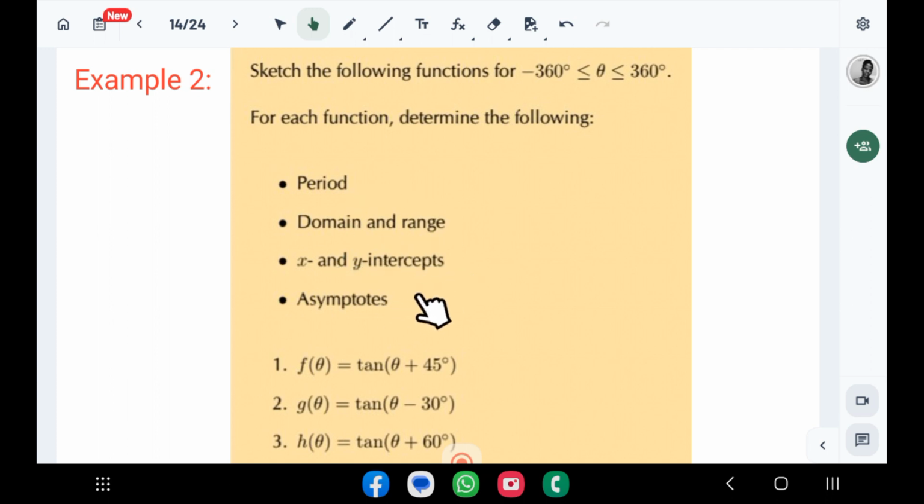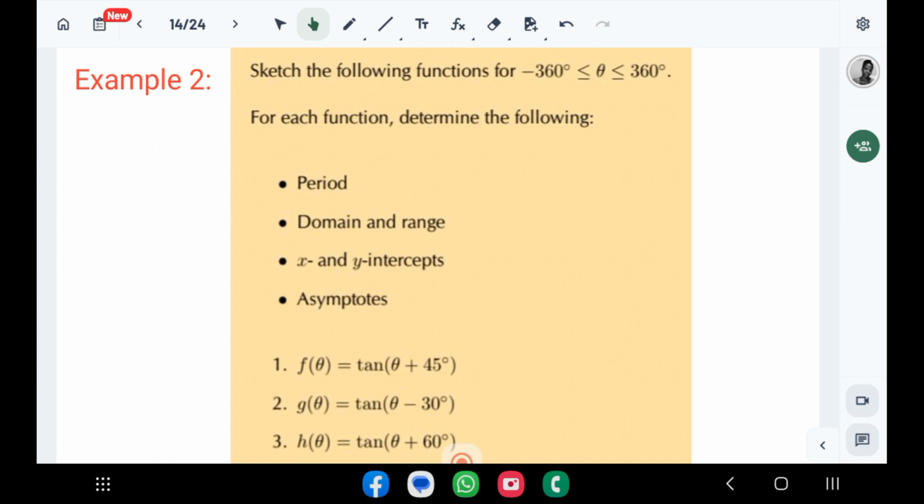Exactly the way we dealt with the first example is exactly how we're going to deal with this example. And the functions are tan theta plus 45, tan theta minus 30 degrees, tan theta plus 60 degrees. This one is shifted 45 units to the left, this 30 units to the right, this 60 units to the left. So that should be easy to compare with the graph of y equals tan theta, which is not shifted either way.